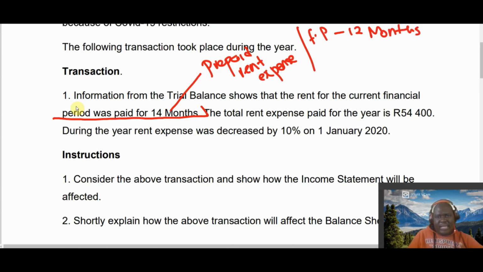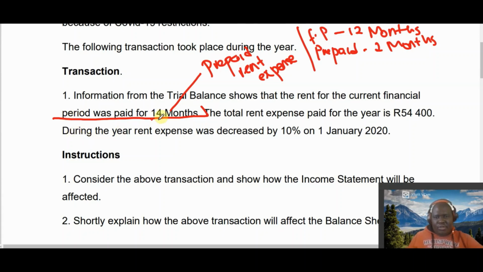So this means that this expense is prepaid by 2 months. Whenever we do our calculations and show the effects on the income statement, we need to highlight a reduction in the expenses relating to this rent.